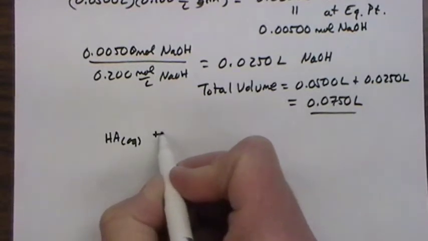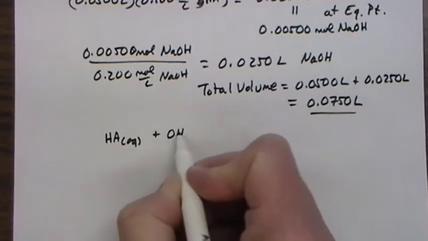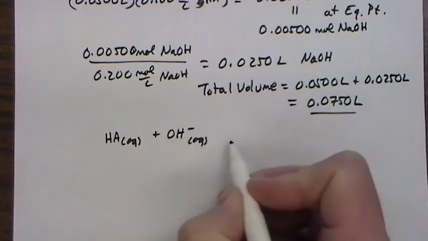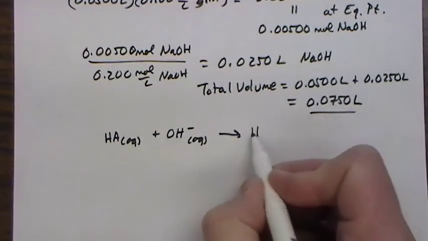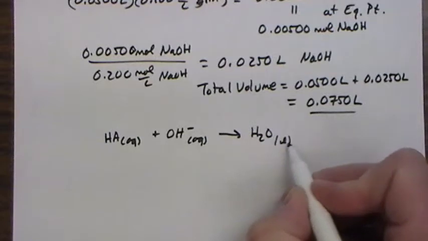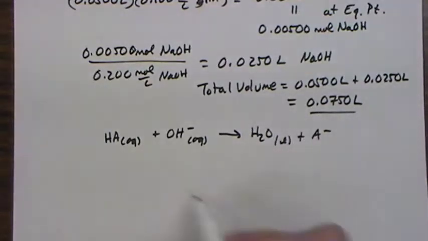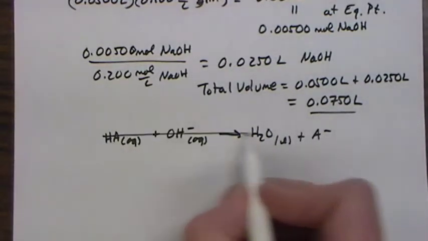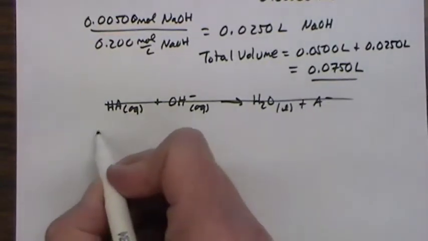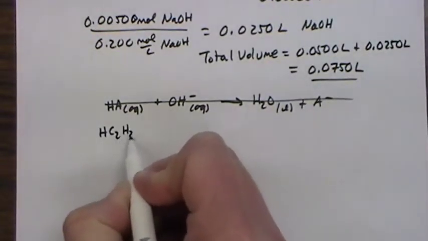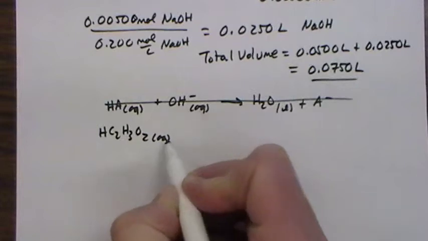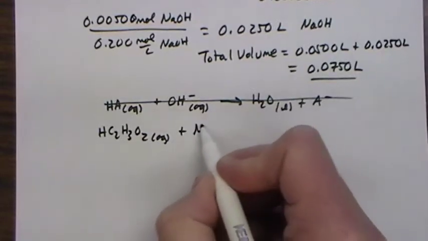Now, the acid and the base, and we'll just put the OH minus for the sodium hydroxide, go to H2O and the conjugate base. Let me write it out so that we have acetic acid, HA, and then sodium hydroxide.